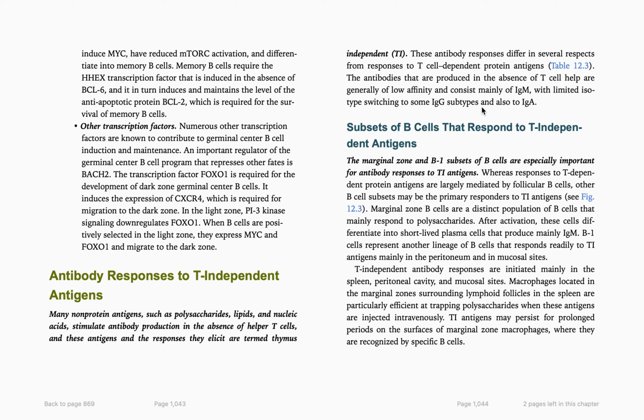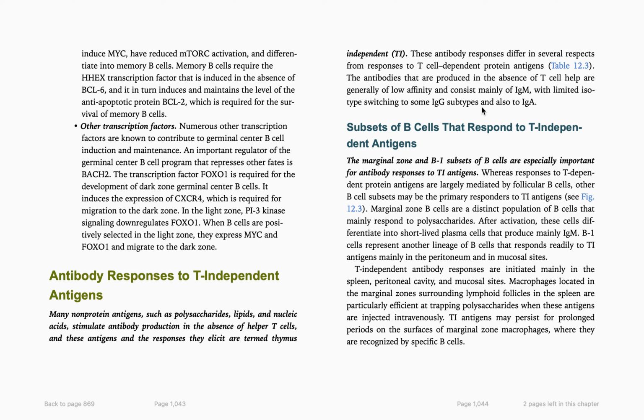subtypes and also IgA. Subsets of B cells that respond to T-independent antigens. The marginal zone B cell subset is especially important for antibody response to TI antigens, whereas responses to T-dependent protein antigens are largely mediated by follicular B cells.